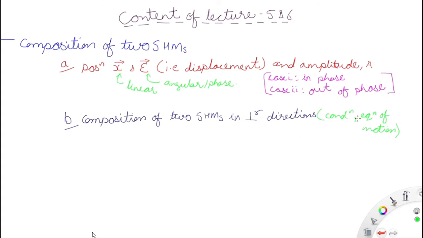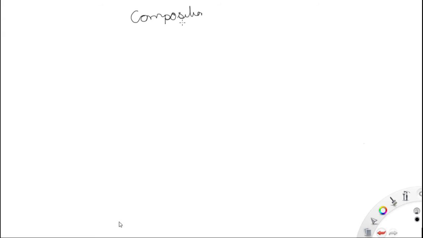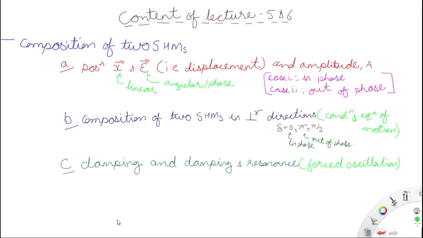So position of the particle means the x bar, which is the linear displacement, and varepsilon, which is the angular displacement or phase. In strength of materials it is also known as strain. Varepsilon is also known as strain.